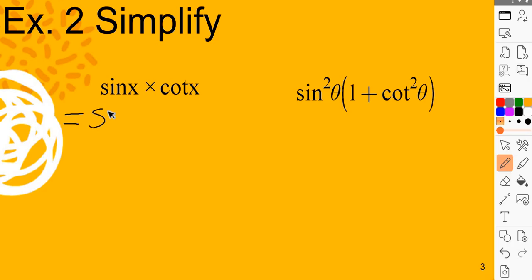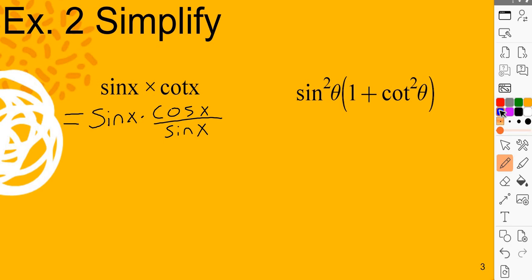It tells us that cotangent equals cosine over sine, which means that because the cotangent equals that, I'm allowed to substitute cosine over sine into my expression. Yes? Now, what do we notice we can do now?